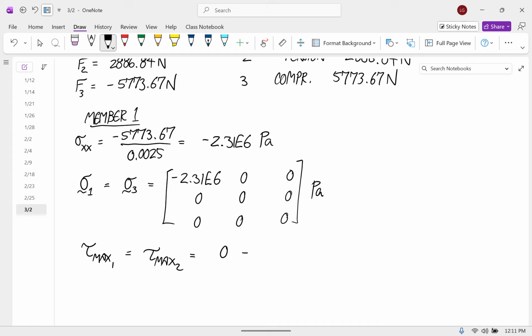So that's 0 minus negative 2.31 times 10 to the 6 divided by 2. What? 3, yes, I'm sorry. 3. Okay, and this is 1.15 times 10 to the 6 pascals.